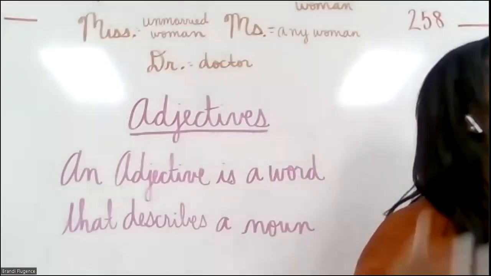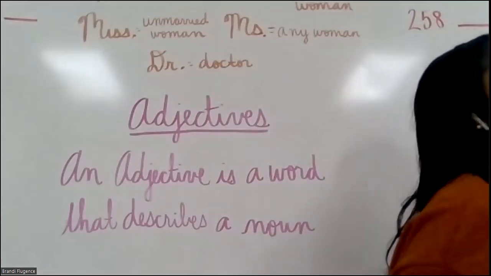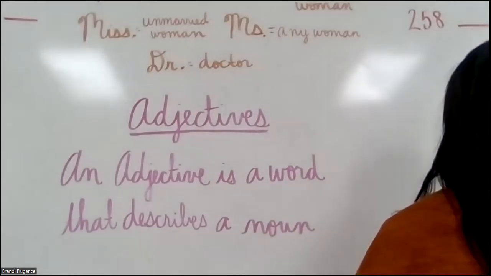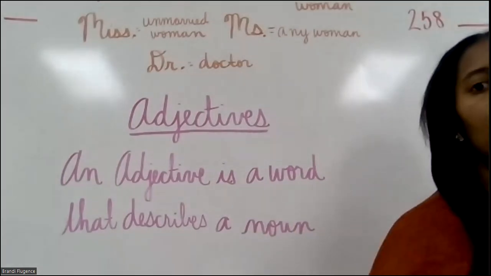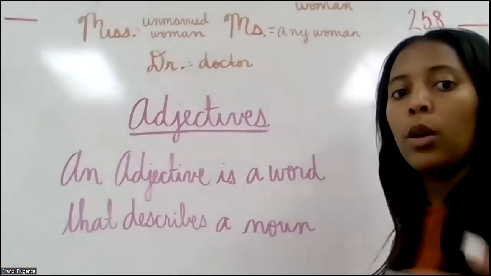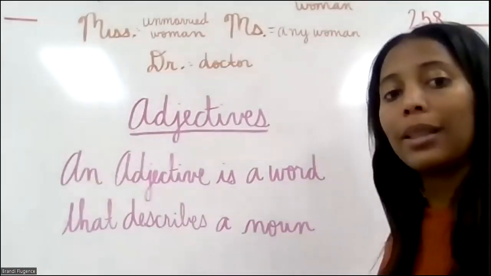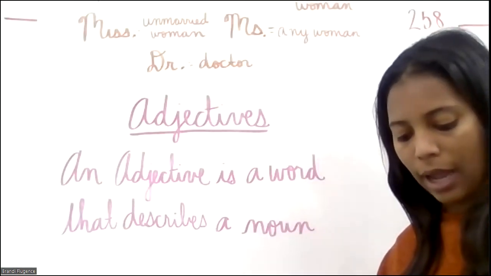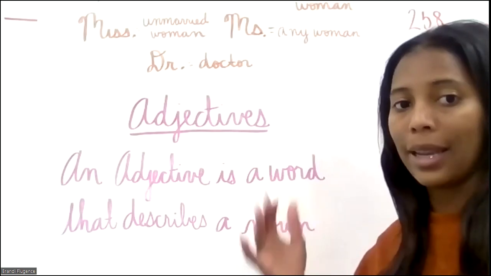It's like if I say car, we know car is a noun, but when I say red, shiny, or fast, those are examples of adjectives that give you words describing what it looks like. Any word that describes what something looks like is called an adjective.